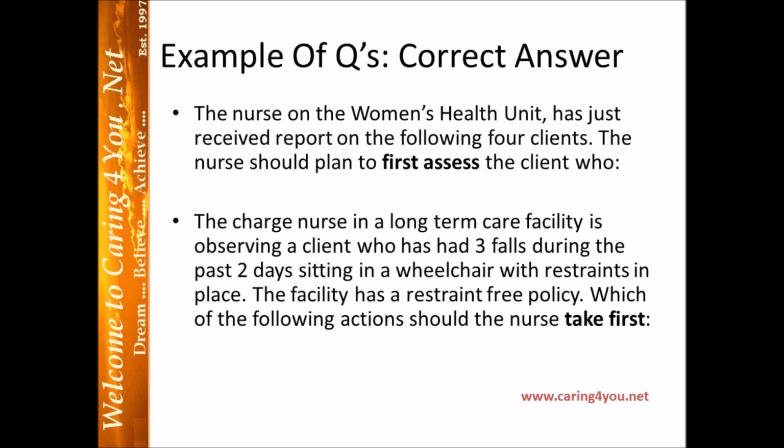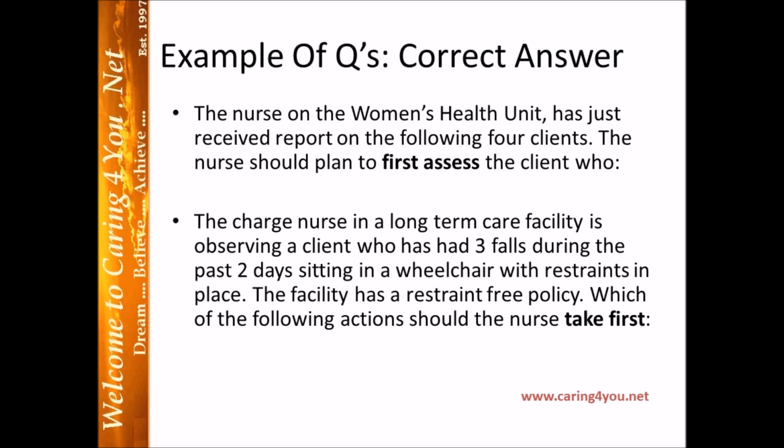But then we must call the physician and ask for a telephone verbal order for that restraint if the physician could not order the restraint on the spot, right? I told those of you who I was tutoring that. So this is an example of picking a priority question out, a correct answer, because of the word first.